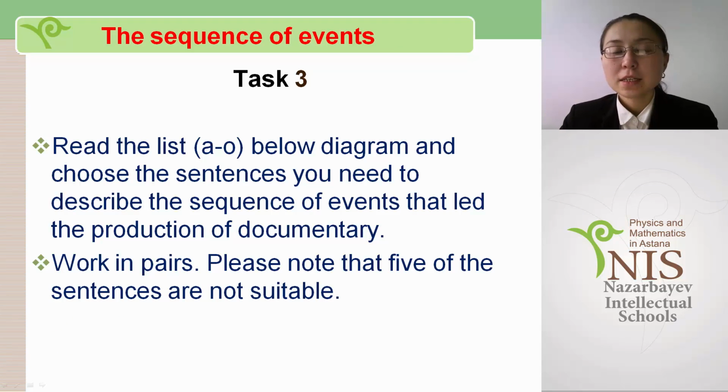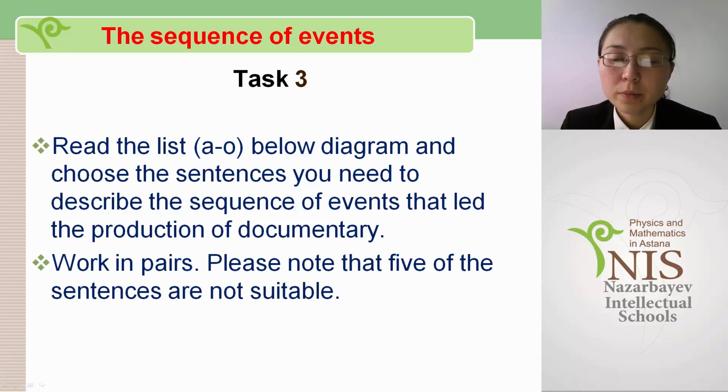Now, let's work with this timeline together. Read the list from A to O below the diagram and choose the sentences you need to describe the sequence of events that led to the production of the documentary.